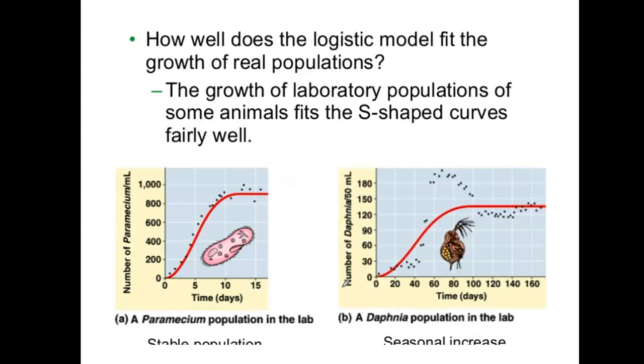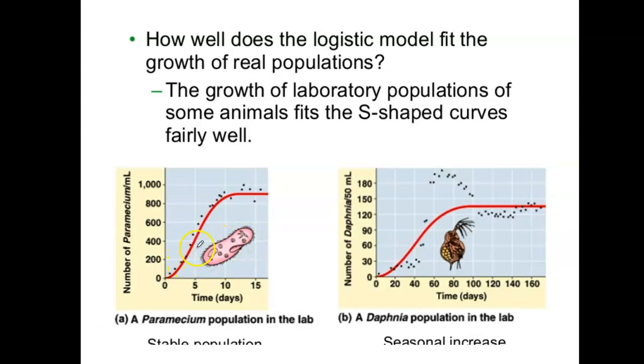Good. So how well does this logistic model, the one that irons out and reaches its carrying capacity, fit the growth of real populations? They did some studies and looked at the growth of laboratory populations of some animals, and they saw that indeed these single-celled organisms would do that.